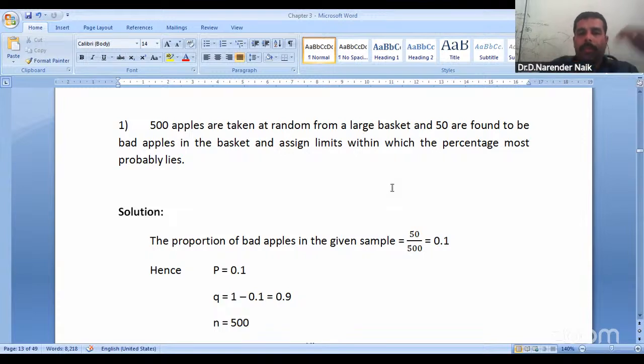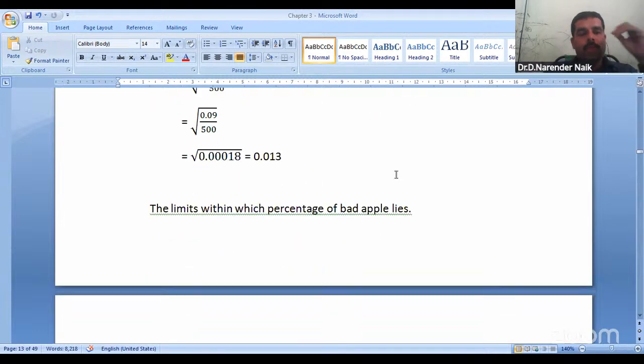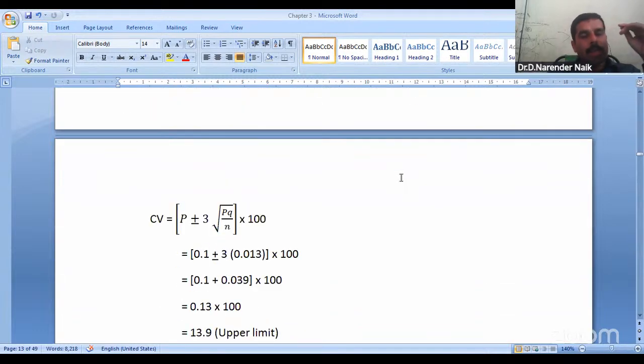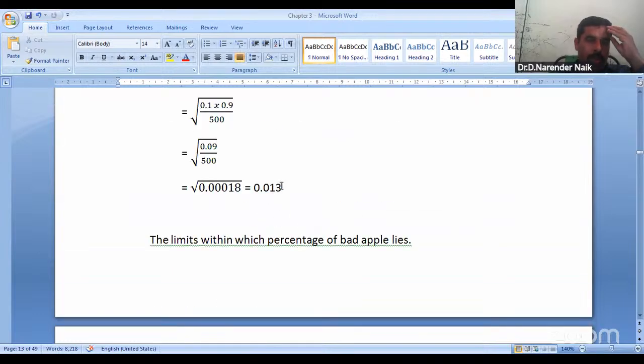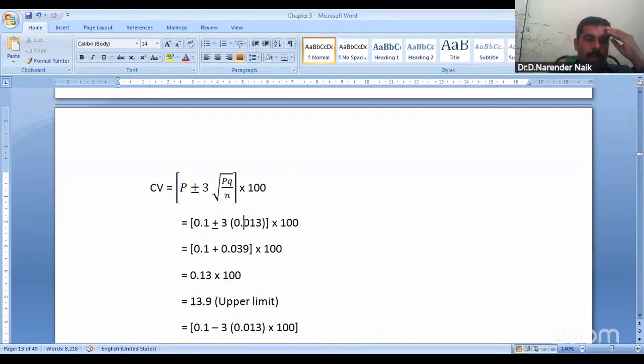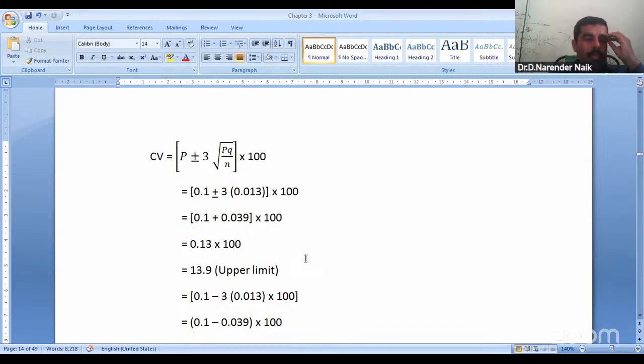So we have a small formula. The calculated value is equal to P plus or minus 3 under root PQ by N into 100. 0.1 plus or minus 3 times 0.013, see, 0.013 we got here. This value we have written here. Into 100: 0.1 plus 0.039 into 100 is equal to 0.139 into 100, which is equal to 13.9.